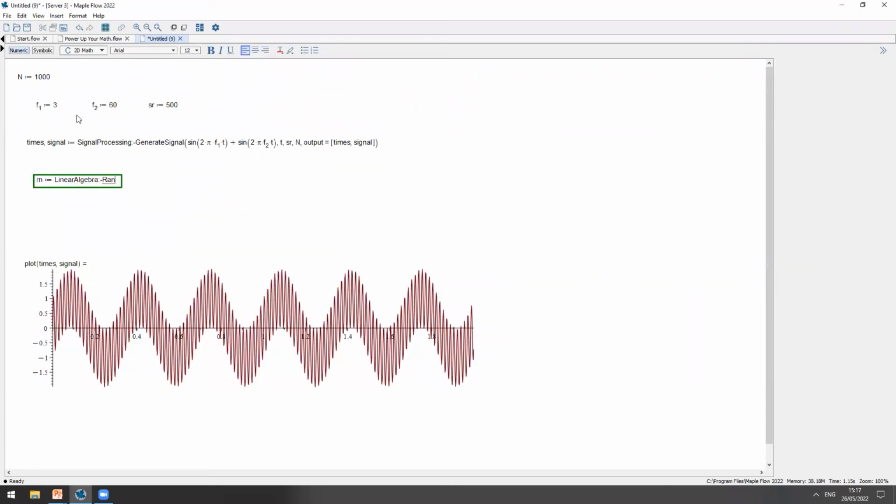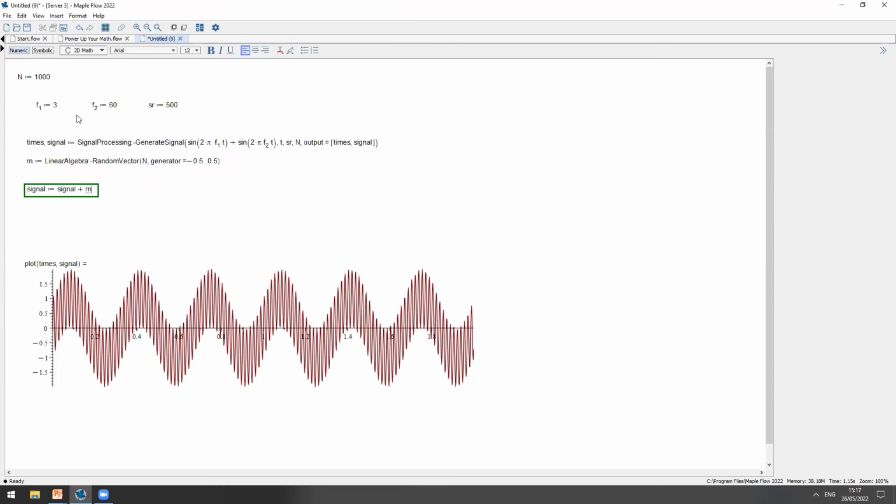I'm going to create a random vector with n values. Each value will be uniformly sampled between -0.5 and +0.5. And below this, I'm going to say signal is equal to the signal plus the random noise.